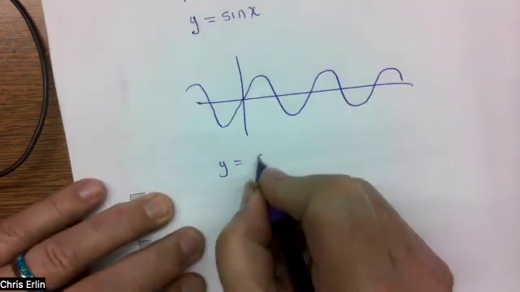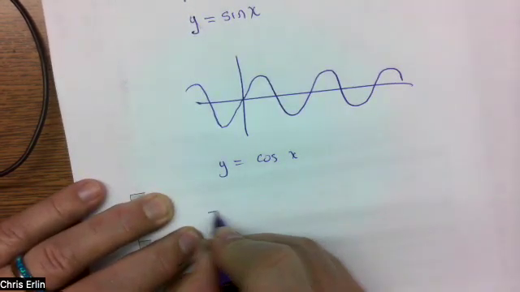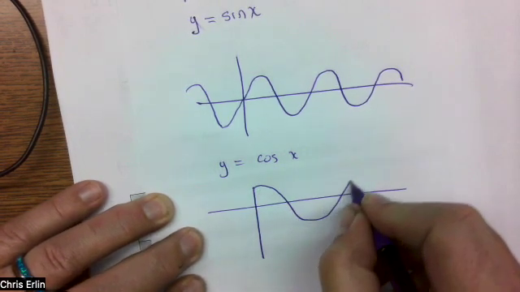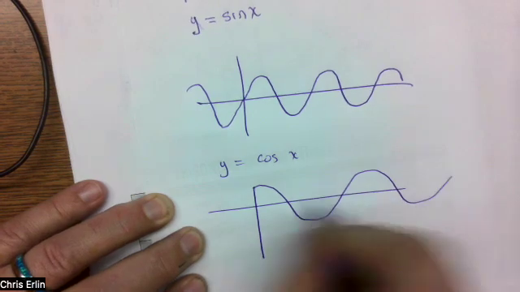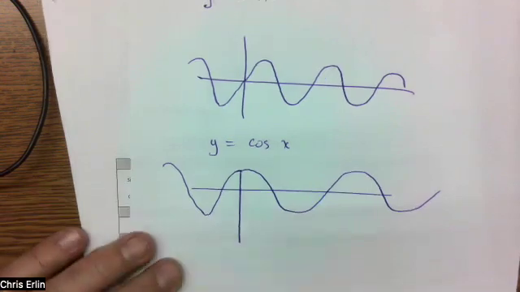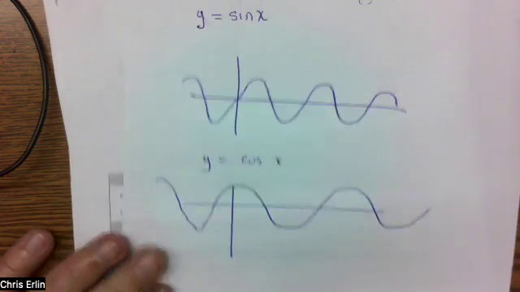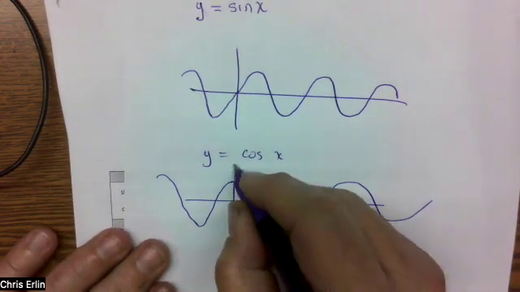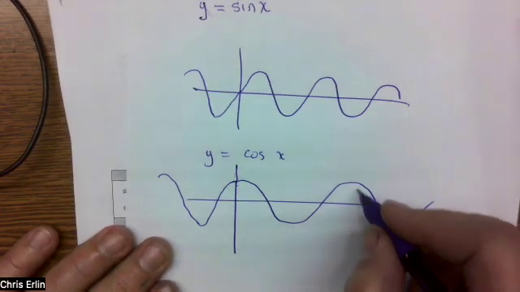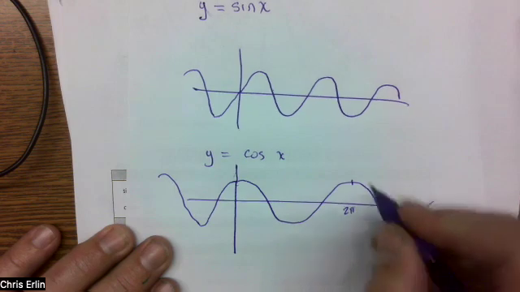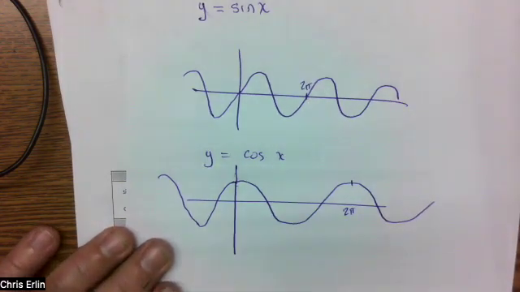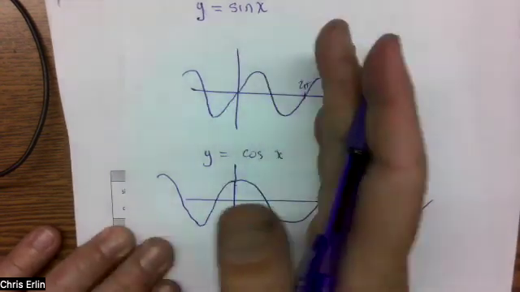If I draw the cosine curve, it's the same shape, but it's a little bit adjusted, isn't it? How are they different? Yeah, I guess I drew it that way, didn't I? But this actually finishes a cycle in 2 pi, and so does this. They have the same frequency.